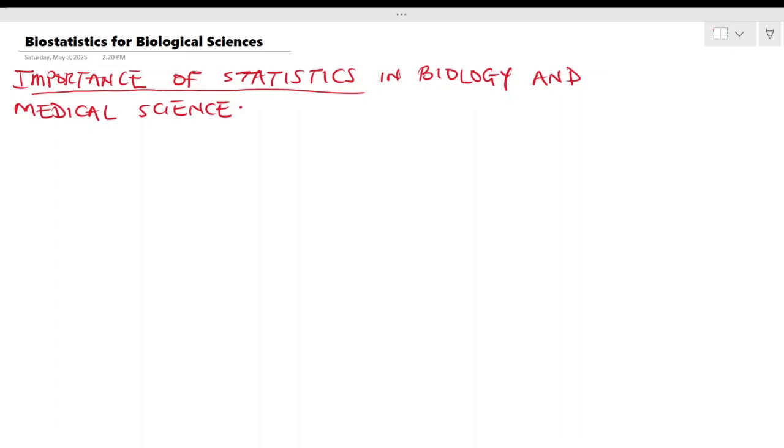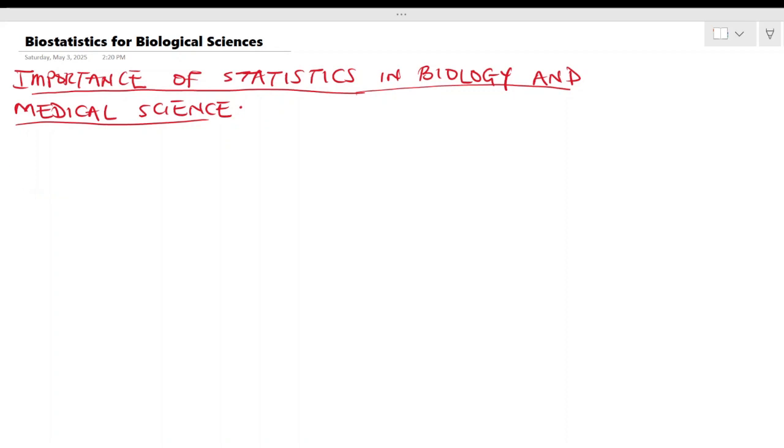Its role begins from research planning, sampling techniques or experimental design, data analysis, and research conclusions. So a statistical role cannot be separated from science, from biological research or medical research.